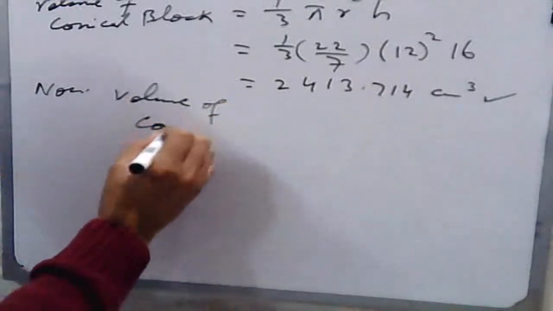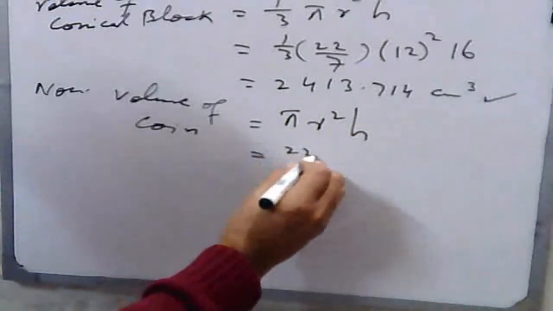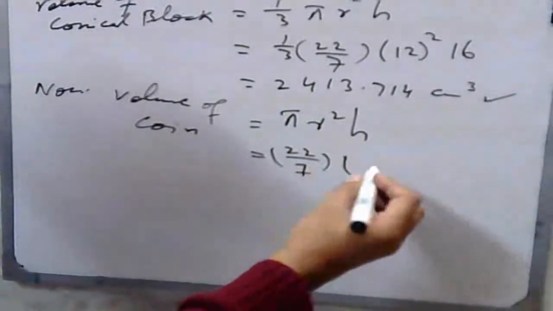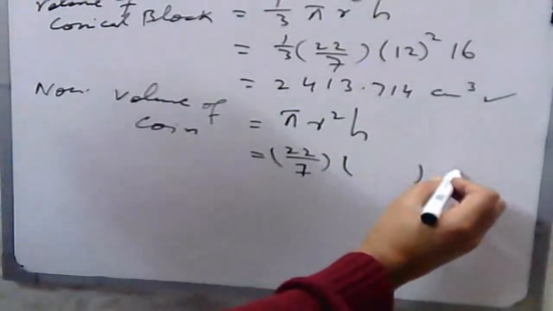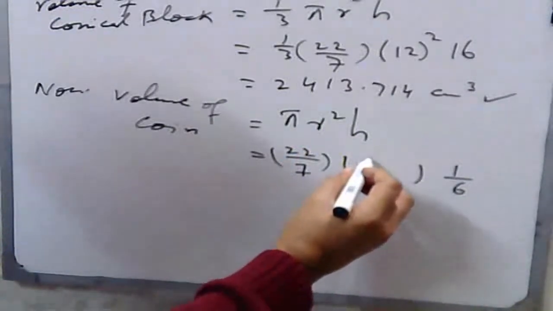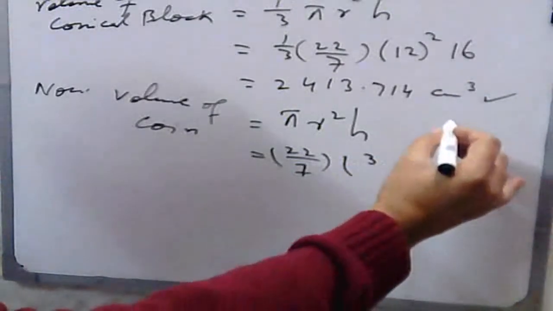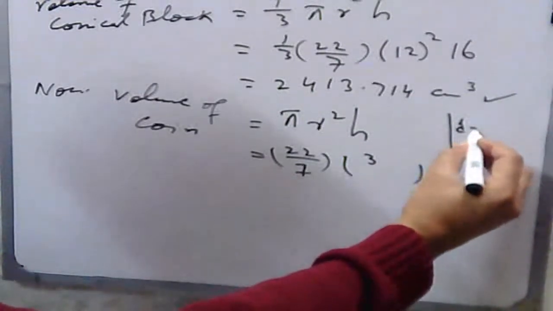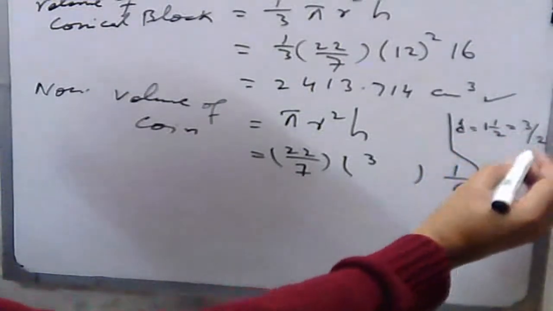So the volume of coin is pi r square h. So the value of pi is 22/7, and the value of r, here the r is given for coin. In case of coin, height is 1/6, but the diameter is 1 whole 1/2, that is equal to 3/2.